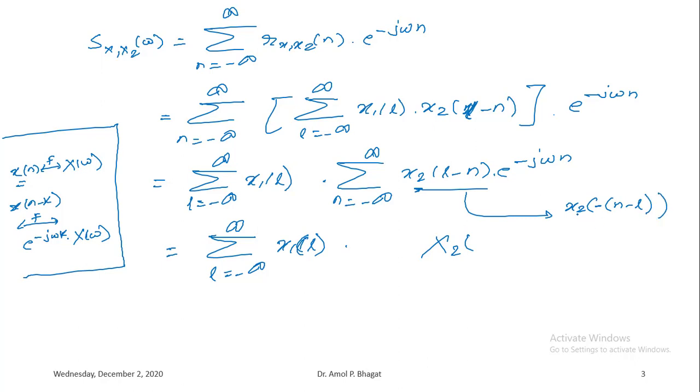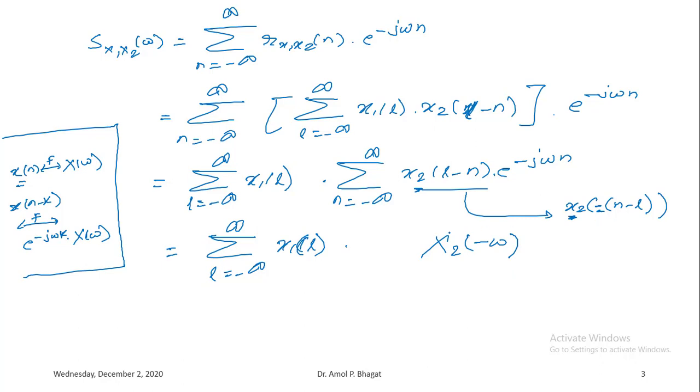So obviously, if it were x2 of n minus L, you could directly write down x2 of omega, but as it is time reversed, it will get phase reversed, so it will be x2 of minus omega, correct?